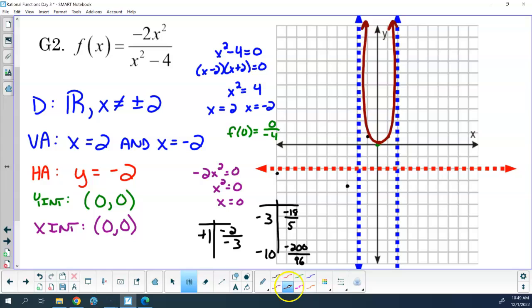So this zone comes in there. And I have to go over here. +3 would be -18 over 5. +10 would be -200 over 96.